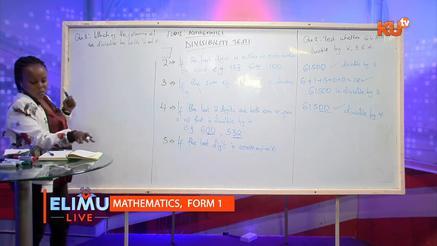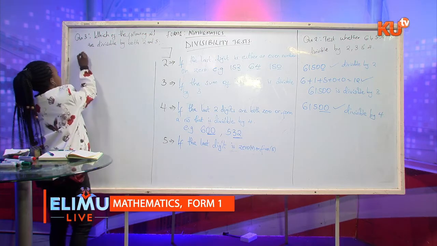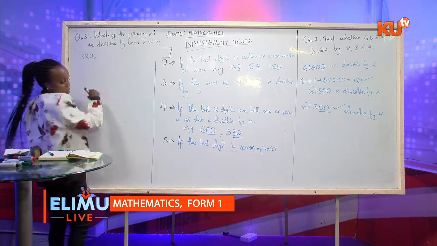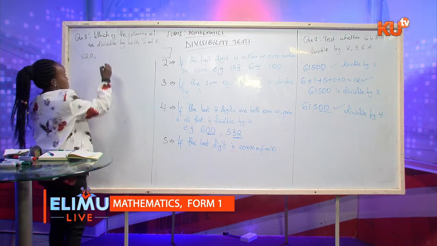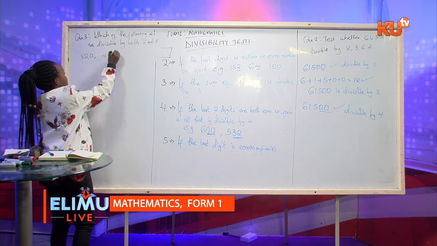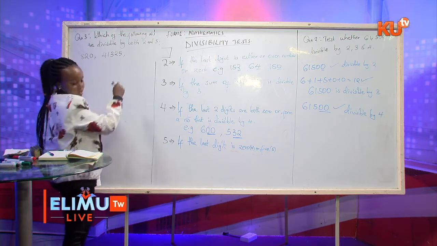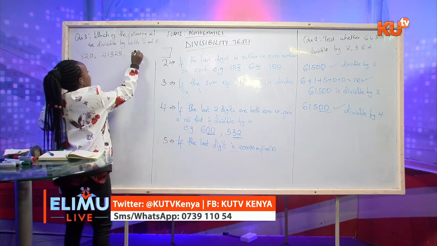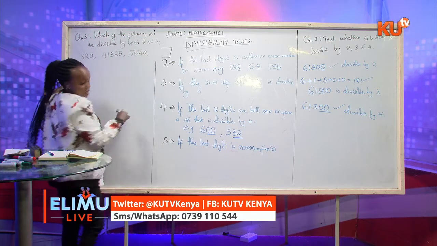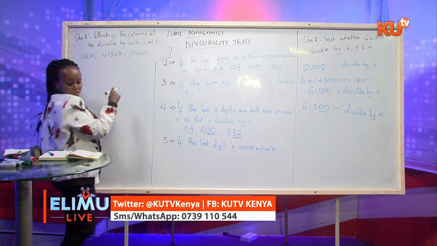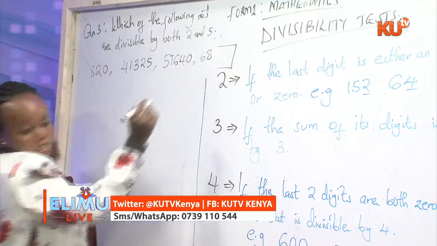So let us see the numbers. We have 820, 41,325, 57,640, and lastly 68,068.